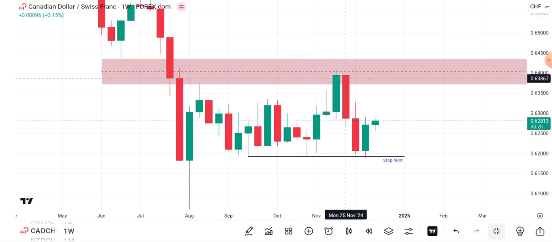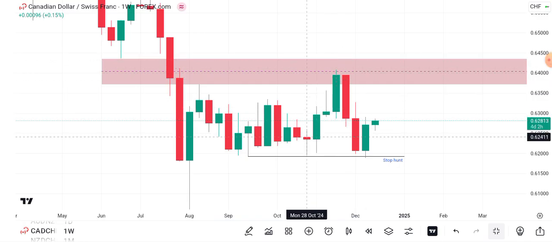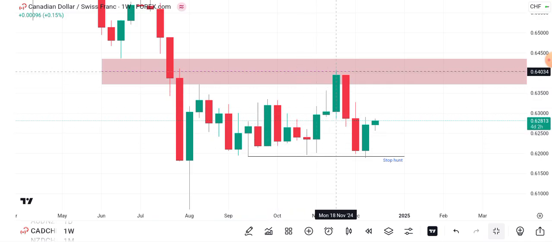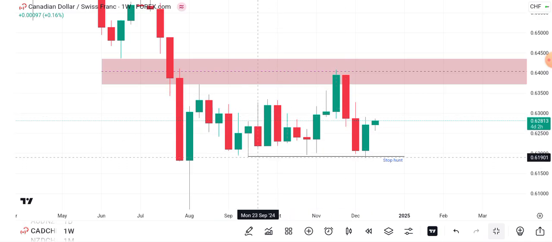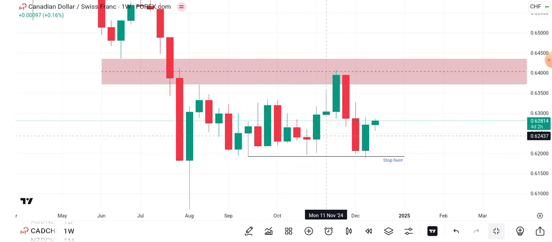All right, so this is the weekly chart, and I want to see how the market moved from this fair value gap to this old low here as a stop point, after which it began to blow down.